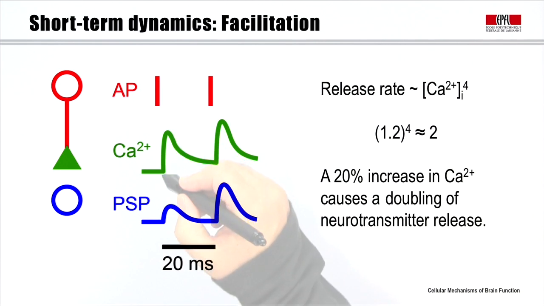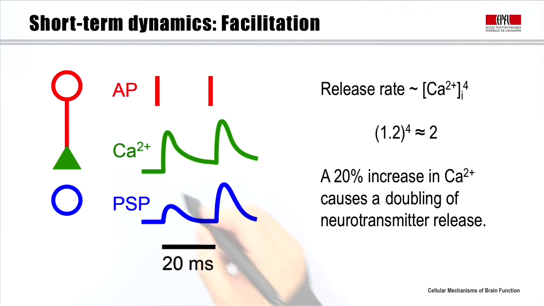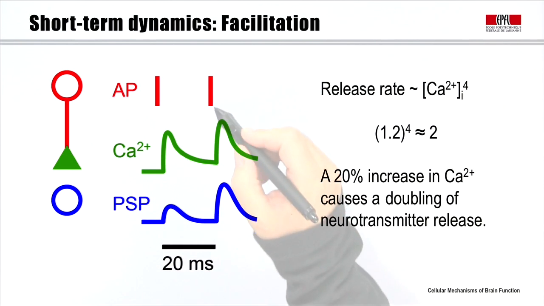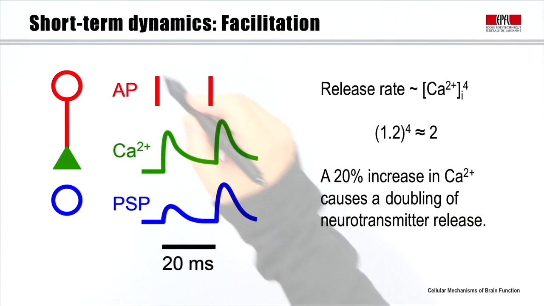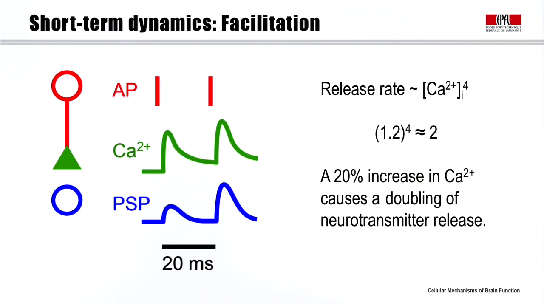One action potential causes calcium influx, causes a postsynaptic potential. Then we envisage a second action potential occurring shortly after the first one, in this case on the timescale of 20 milliseconds later. The second action potential induces a large amount of neurotransmitter release, and therefore also a larger postsynaptic potential. That's the process of facilitation.